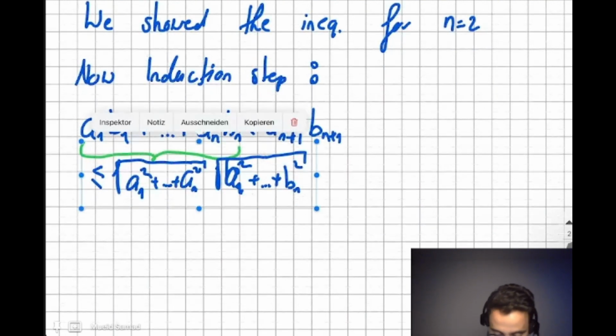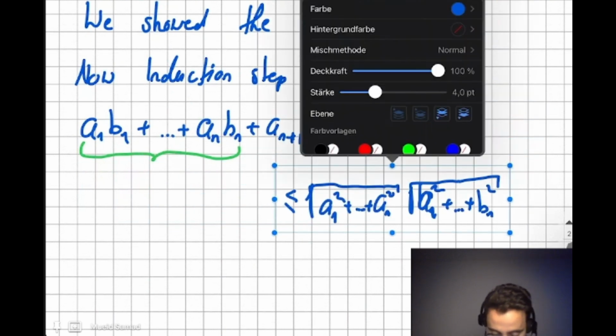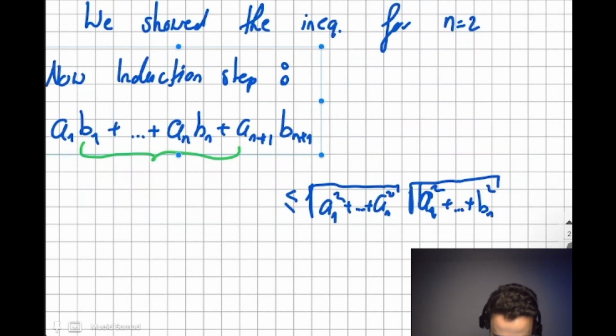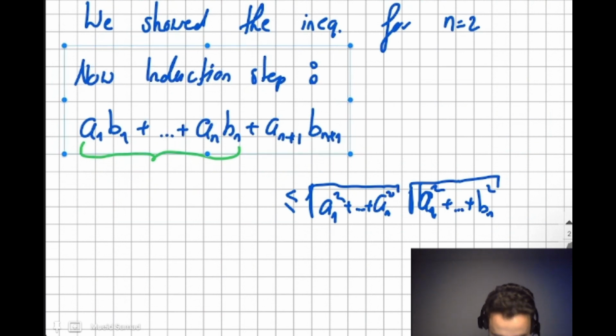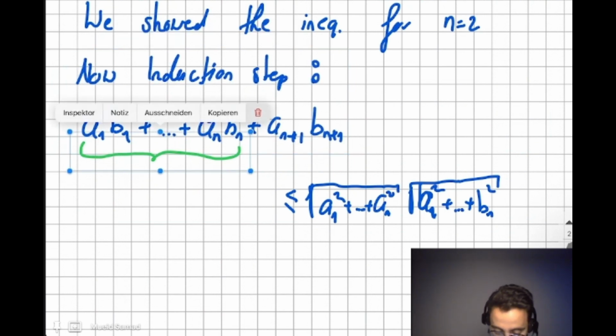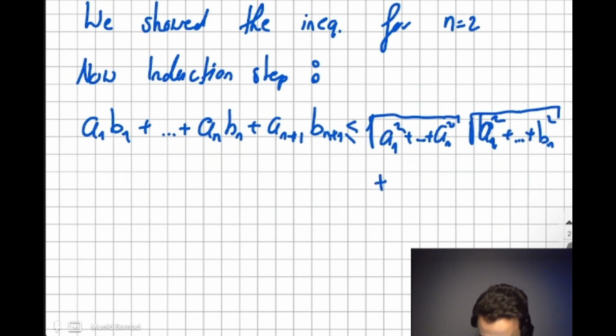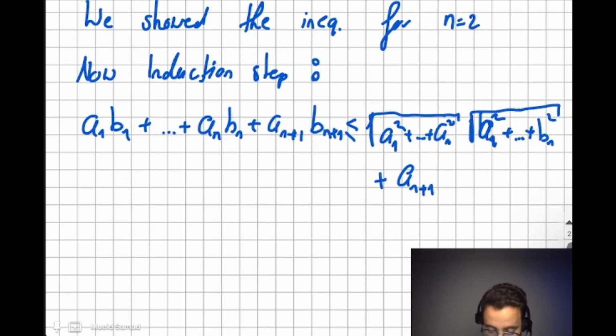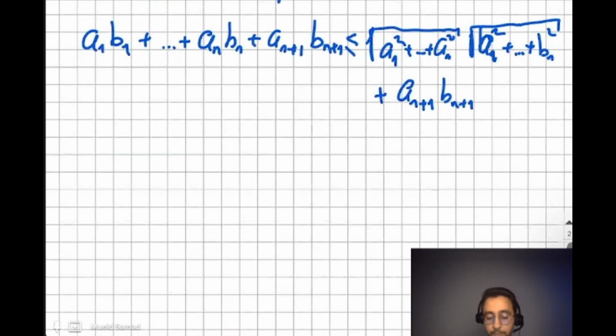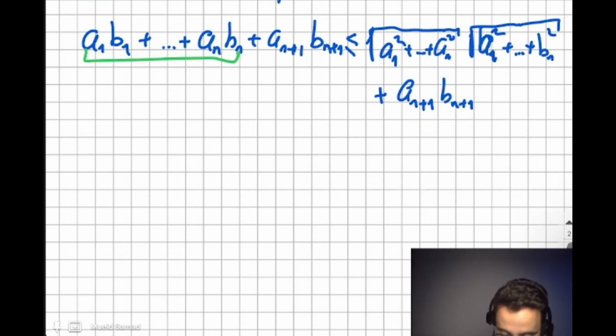So overall, let's actually write this differently. We can just write this without actually doing this for the green one. Then we shouldn't miss the other one here, an plus 1 times bn plus 1. Okay, and the reason for this inequality is because this here is smaller or equal to this here.